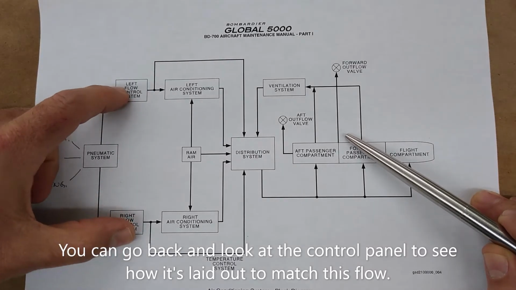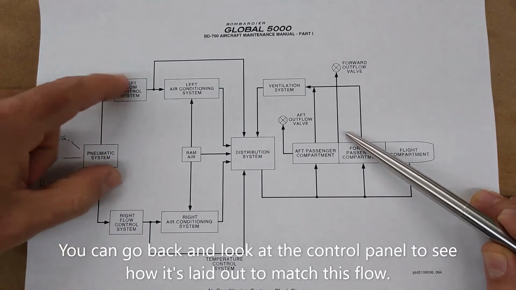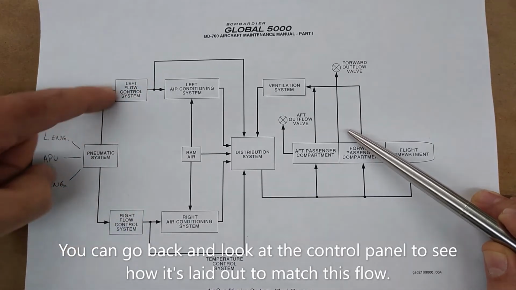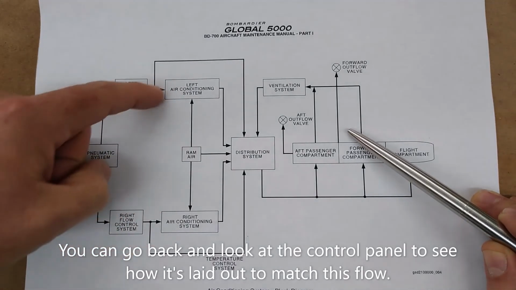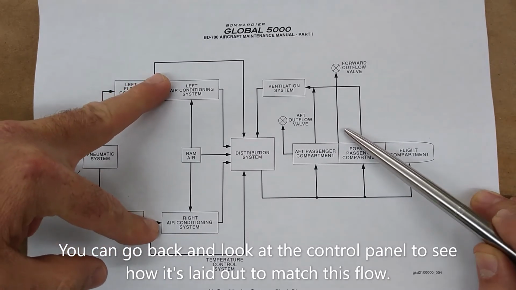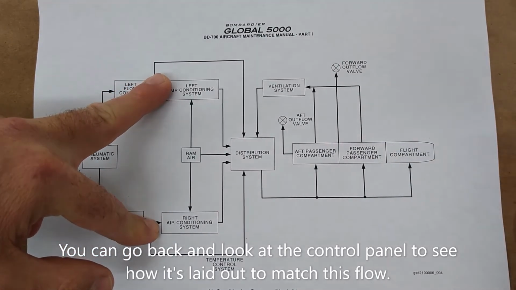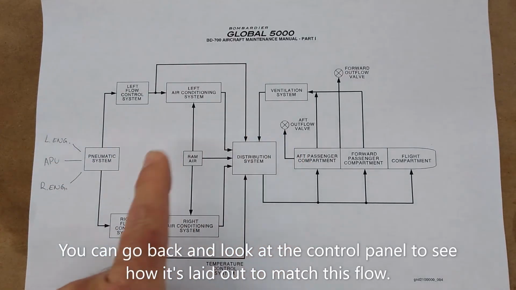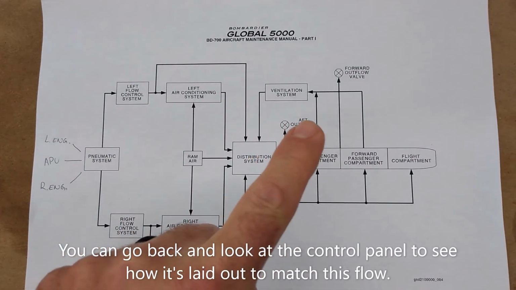That gets selected, whichever your source is, through the flow control system to feed your left and right packs, your air conditioning systems that we talked about last week. Here's your ram air. That's the scoop on the top of the tail, bringing cold air in from the outside.